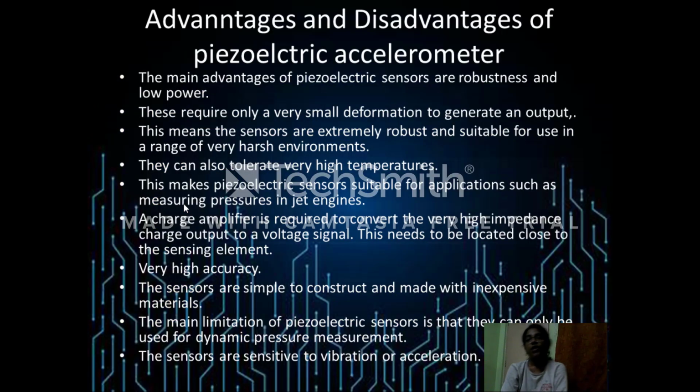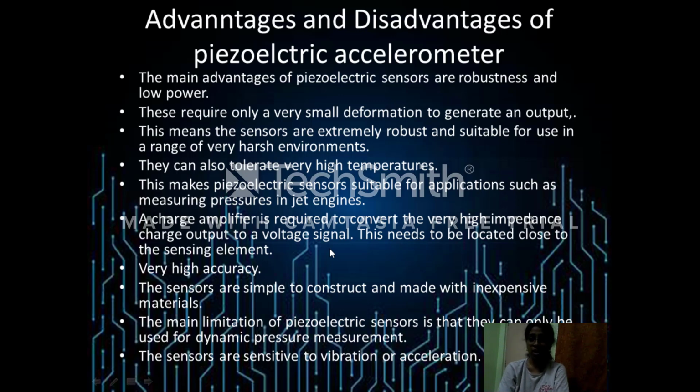Now the advantages and disadvantages of the piezoelectric accelerometer. Piezoelectric sensors are again strong, and they consume less power, which is again an important thing to consider for a sensor or electric device. They require only a very small deformation to generate an output. They can also tolerate very high temperature, which makes them suitable for applications such as measuring pressure in jet engines.